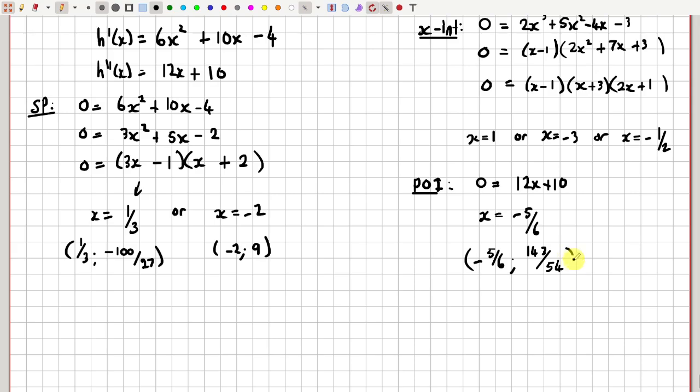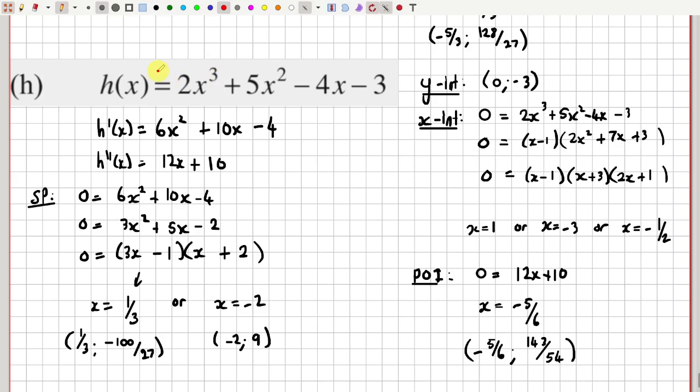We'll help you out a little bit with the sketch by going back to the original equation. Let's just see how it should look. According to this value over there, our sketch should be smiling at the end and frowning at the beginning because this is a positive value.